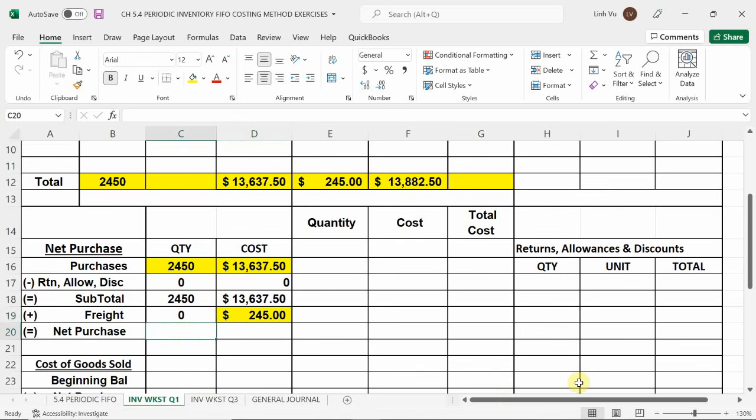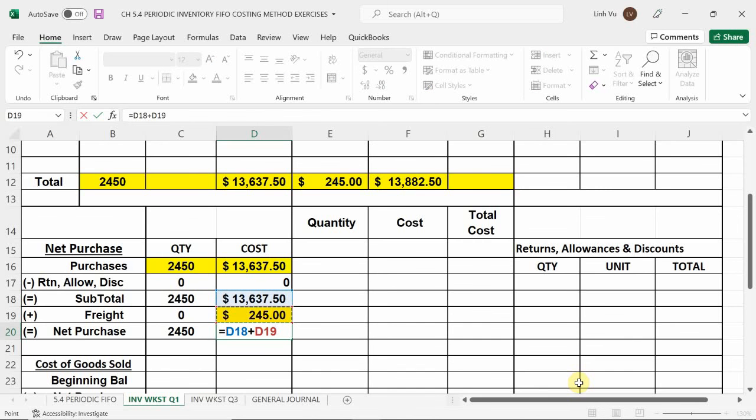Okay? So therefore, let's add my freight together, right? Since freight adds 0 to quantity, I'm still going to be left with 2,450. However, if it adds to my total cost of my purchase price, then it should give me a total of 13,882.50.